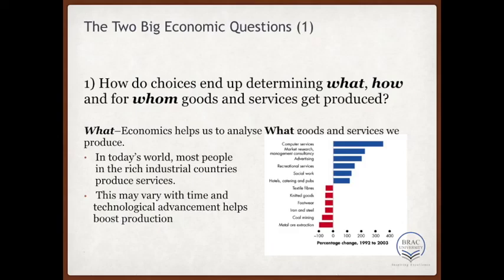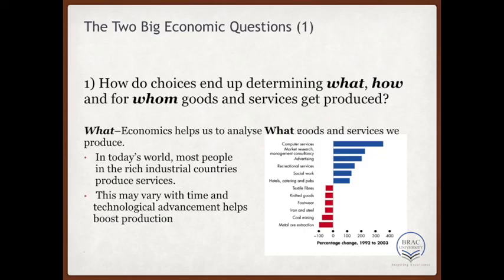So the first big question that we ask in economics is: how do choices end up determining what, how, and for whom goods and services get produced? What determines whether we build better homes or develop sporting facilities?